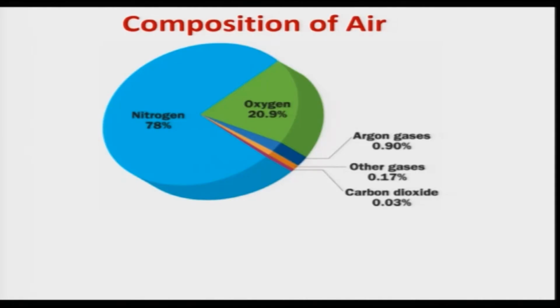If you look at the composition of air, what do you find? You find that 78% is nitrogen and 20.9% is oxygen, and the rest are other gases: argon only 0.9%, carbon dioxide 0.03%, and other gases 0.17%.